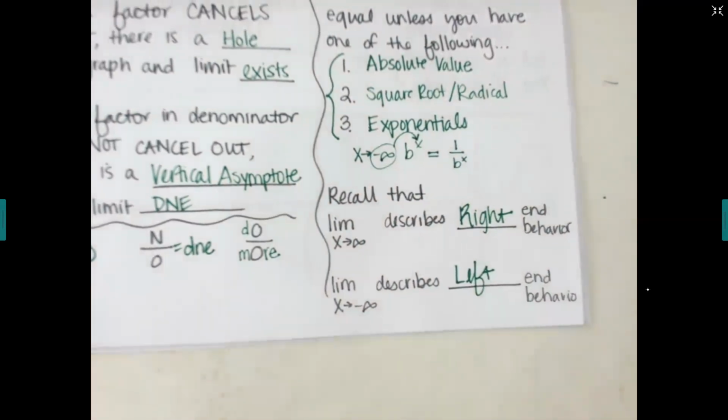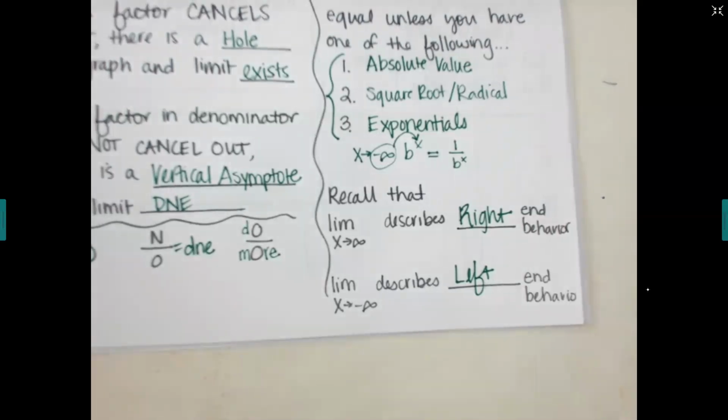We'll look at examples of that in a second, and I asked Mr. Castrejón how he explained it to y'all, and I'll try to explain it the same way so that y'all aren't confused. But for my kids, x to negative infinity on an exponential is going to make it 1 over whatever that exponential is.